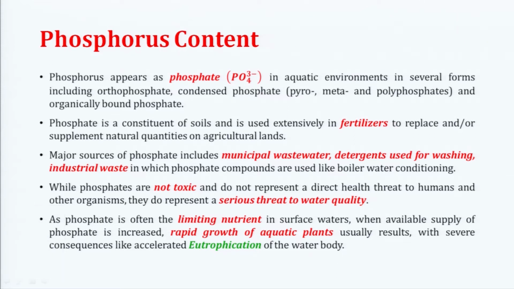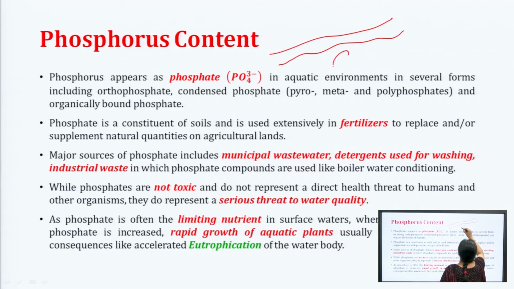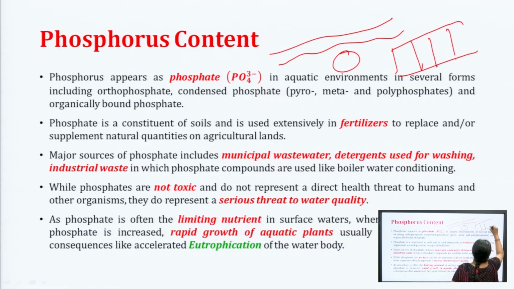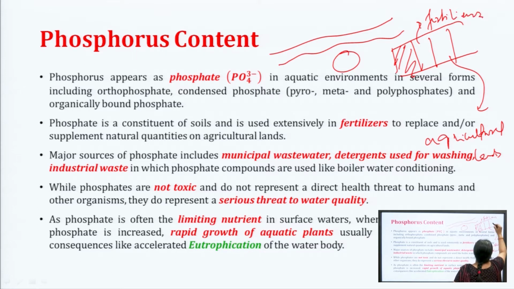Say you have a river or a pond, and beside this you have agricultural lands, and this farmer is using fertilizers for his crops. Say he is using NPK.